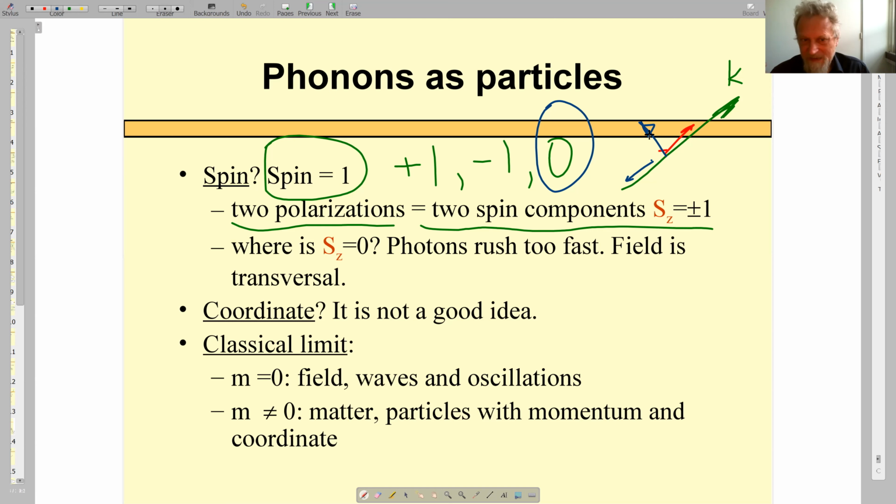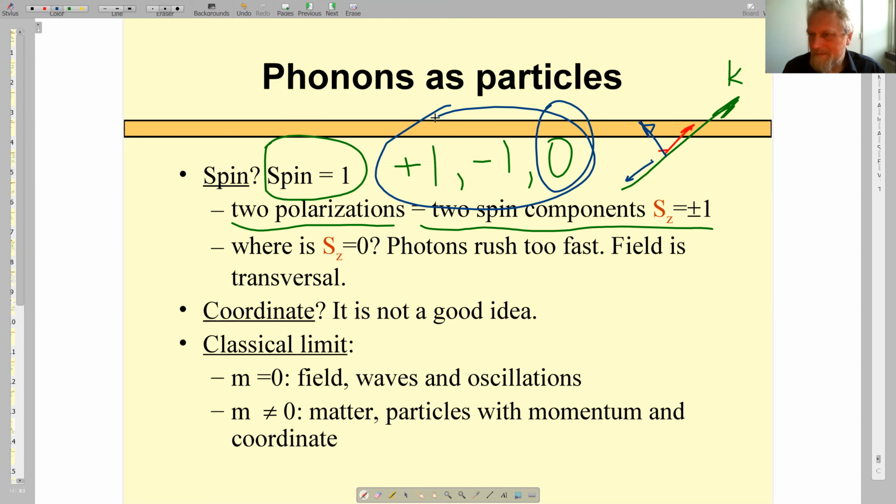We cannot rush as fast as photons. If we could, we could actually observe all 3 components of the photon field. That would resolve this paradox. So that is the fact: photons have spin 1, but only 2 possible polarizations, because they always go with the speed of light.